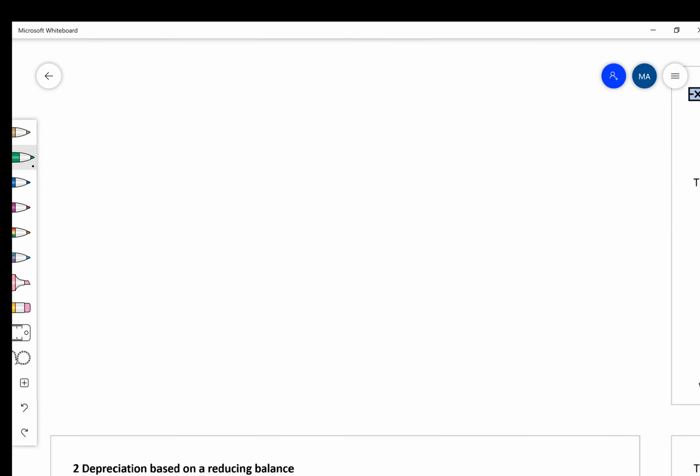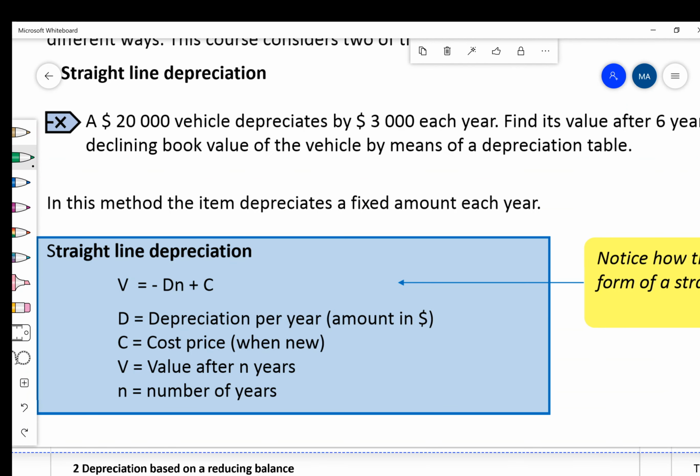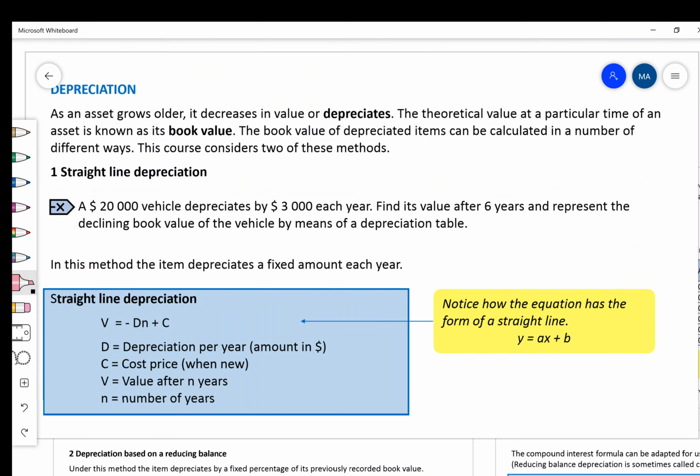We have the value of the asset or the equipment, that's the V value there. The depreciation per year, D, we need to calculate and put into the equation. We've got N, the number of years, and C, the cost price, the original price when the equipment was brand new.